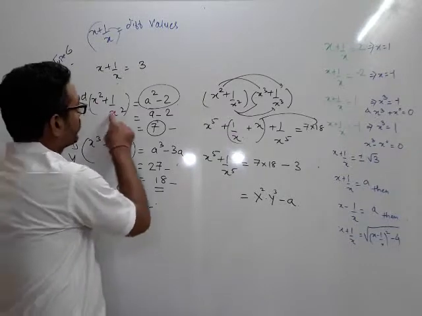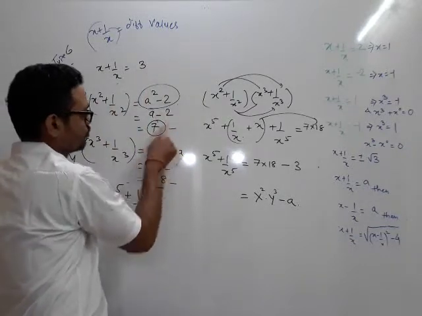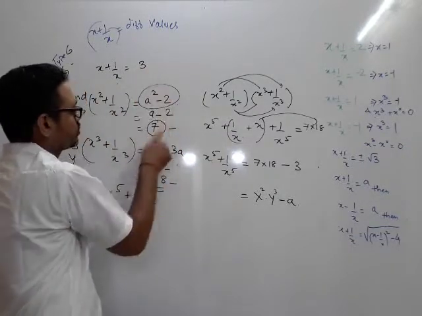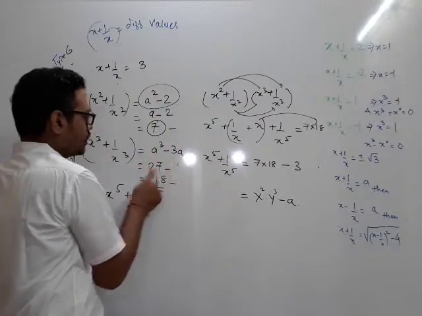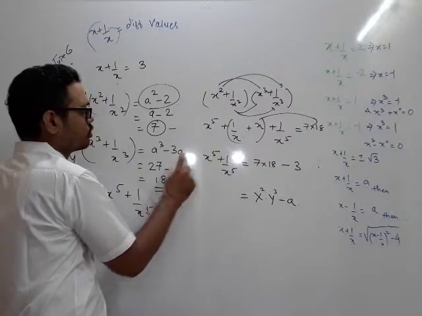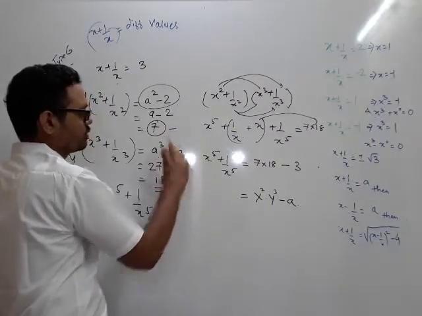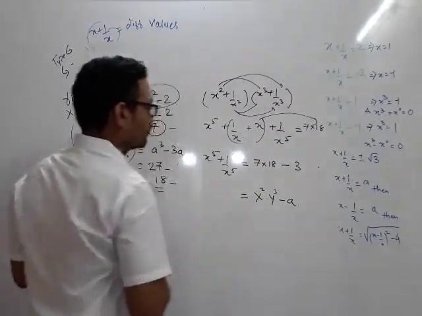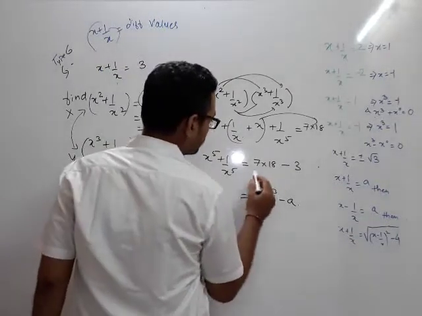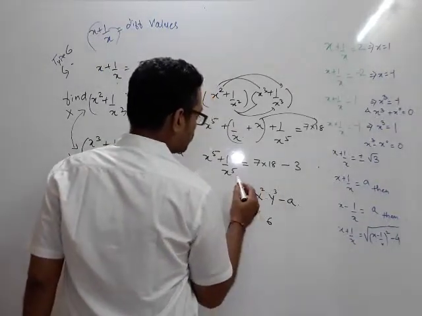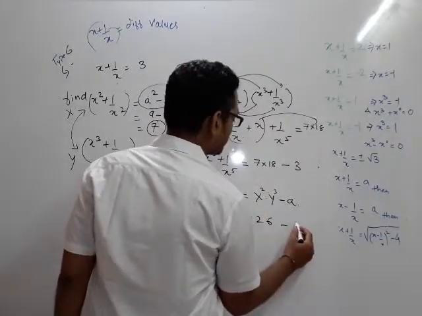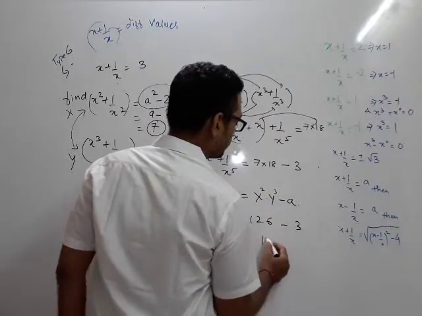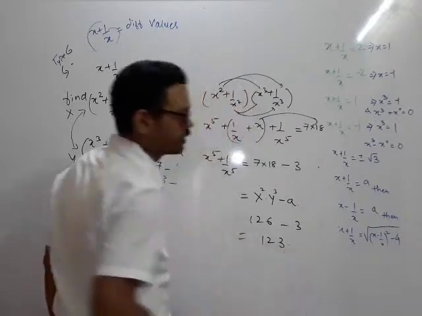So x square, we know that square minus 2, which will be 7. So 3 square minus 2, this is 7. X cube, we know this a cube minus 3a, so it will be 18. So multiply both of these terms, which comes to 18 into 7, 126, minus a is given as 3. So you can directly come to a conclusion of 123.